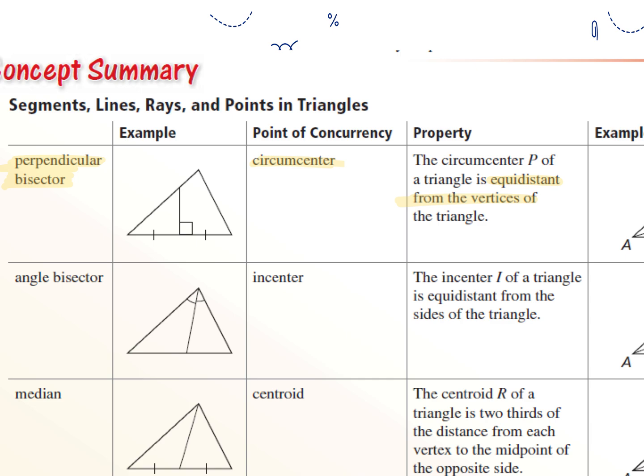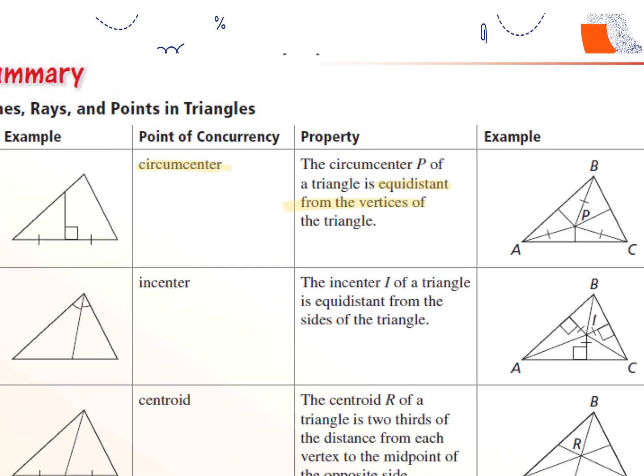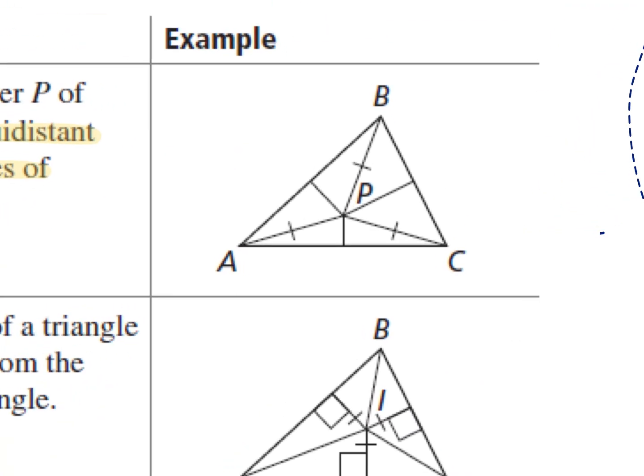My vertex to my circumcenter is equidistant. They gave me those equidistant segments. If it is a perpendicular bisector, this segment is going to be congruent to this segment, and this segment right here is going to be congruent to this segment right here. Those are my perpendicular bisectors.